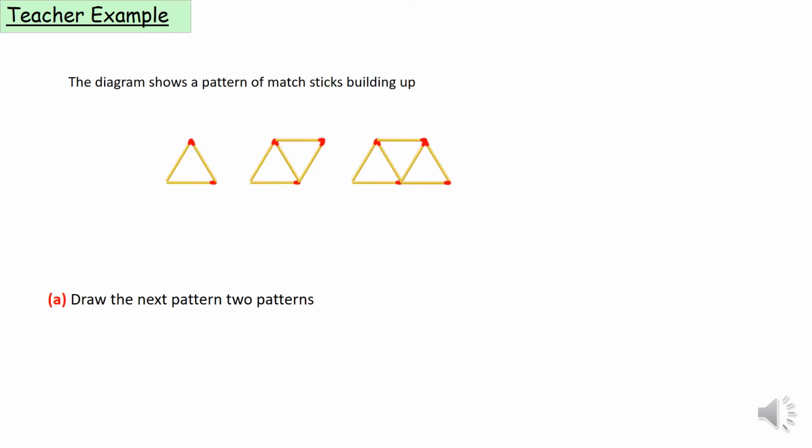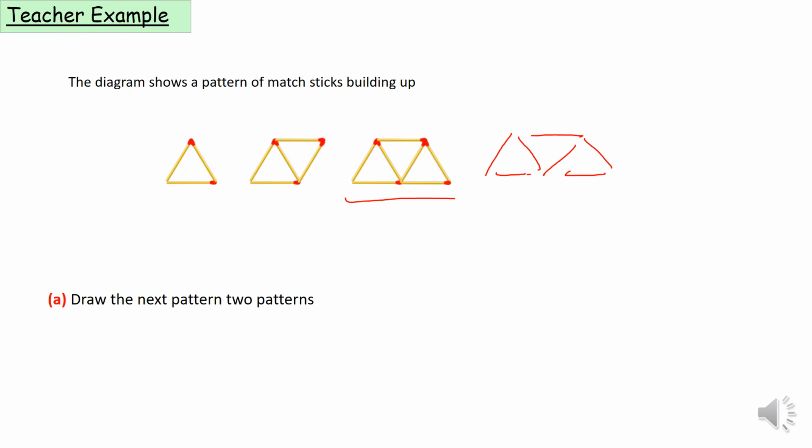I'm now going to talk you through another example. This time it is using matchsticks, and again it is asking us to draw the next two patterns. So again, like the previous slide, I will draw the same as the previous one. So that's how the previous pattern looked.